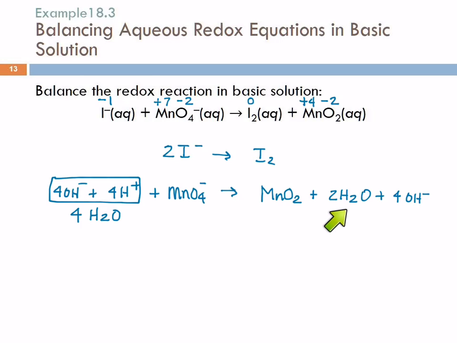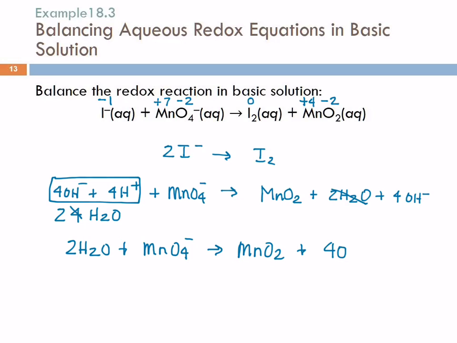And I've got 2 water molecules over there. So those 2 will take out those 2. And so I've got 2 waters on the left and none on the right. And that's kind of a mess, isn't it? So let's write it again. 2H2O plus MnO4 minus going to MnO2 plus 4 OH minus.